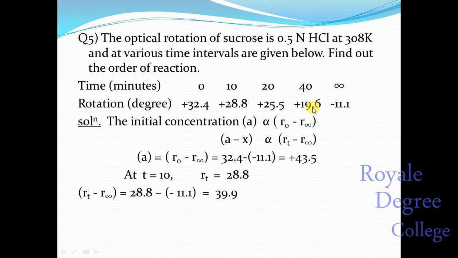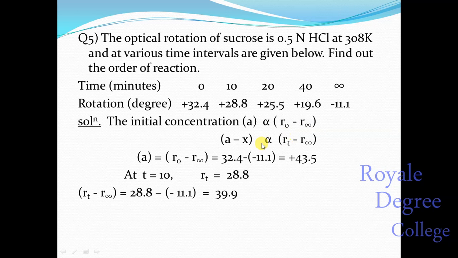At 40 minutes, optical rotation value is plus 19.6, and at infinite time the optical rotation value is minus 11.1. Now you can see the solution. The initial concentration A is directly proportional to optical rotation at 0 time minus optical rotation at infinity.